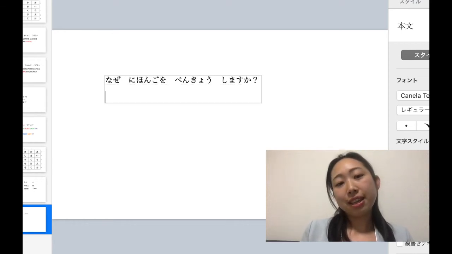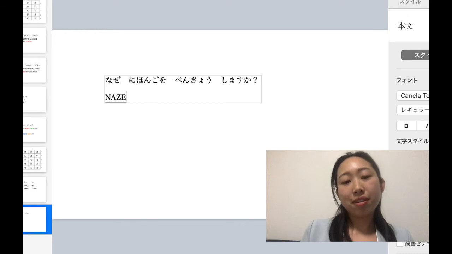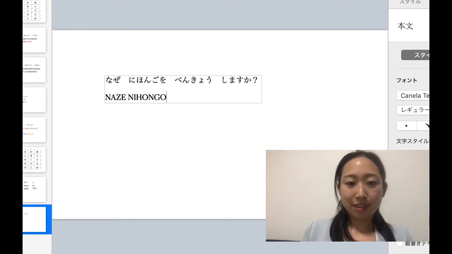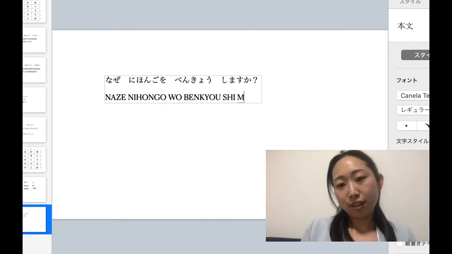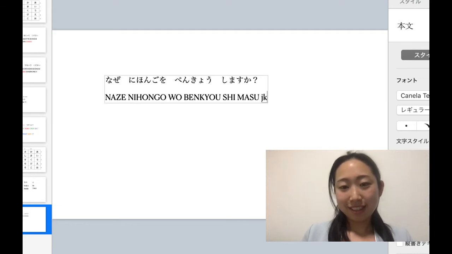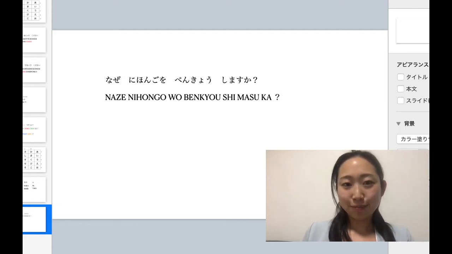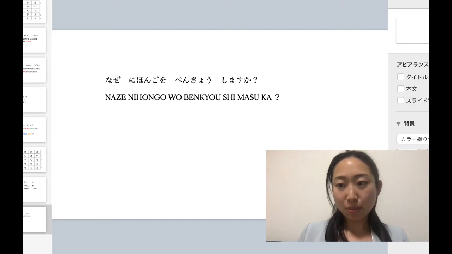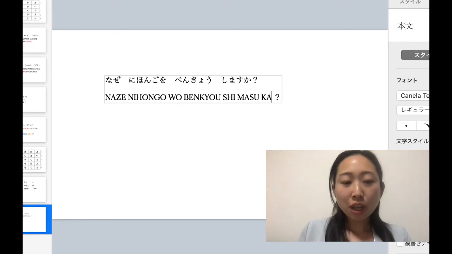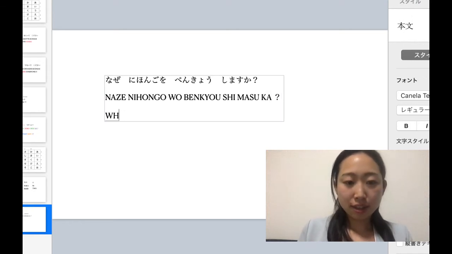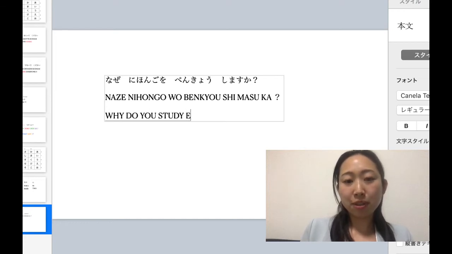なぜ日本語を勉強しますか。 This means why do you study Japanese?